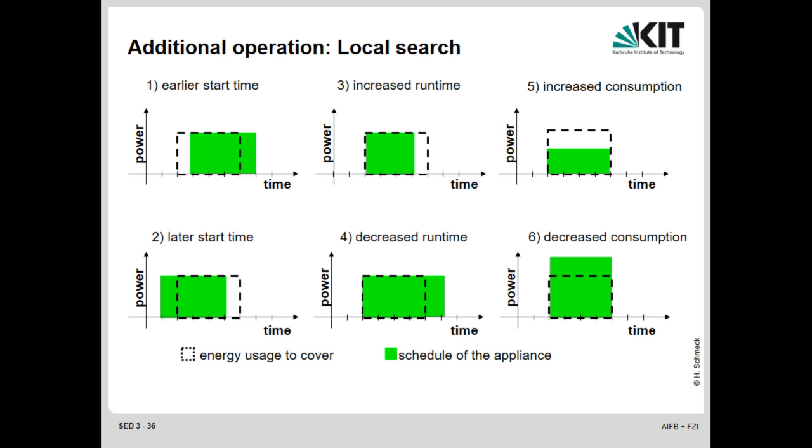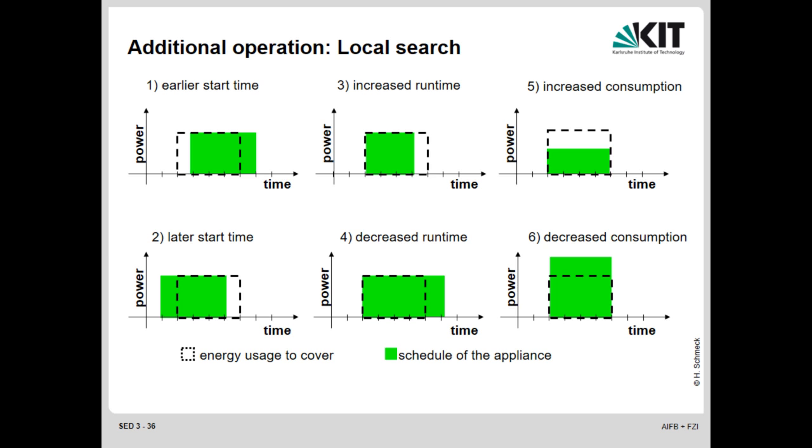We have a solution, and now we perform something which we call hill climbing. Hill climbing means we are at a certain situation and we assume that in the neighborhood there are better solutions, and we try to go there by locally modifying the solution that we currently have.